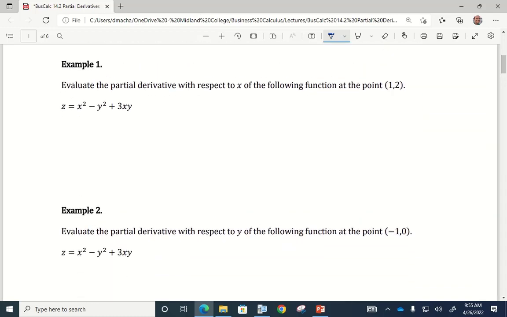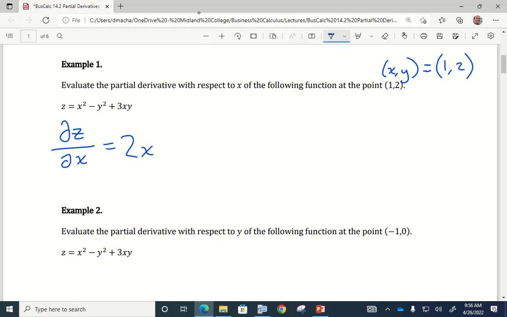So example 1 says, evaluate the partial derivative with respect to x of the following function at the point 1, 2. And so where I'm writing 1, 2, that's going to be my x and my y value. So x is 1 and y is 2. So if I want to take the partial derivative of z with respect to x, well, I'll go term by term and say the partial with respect to x of x squared is going to be 2x.